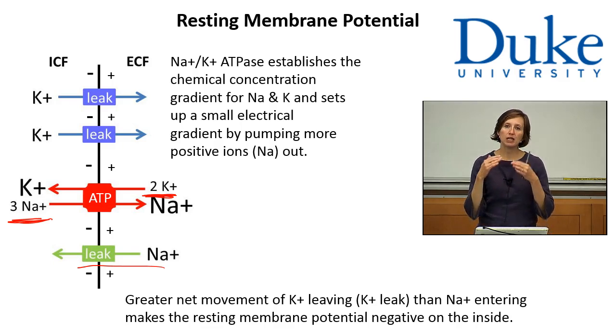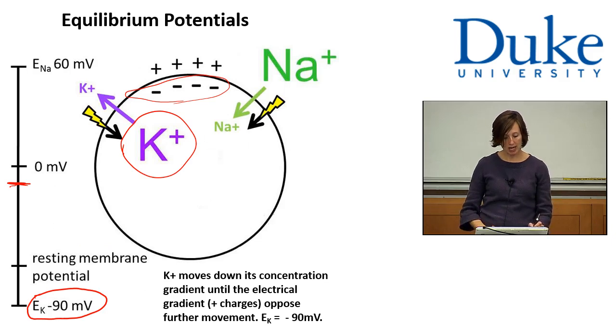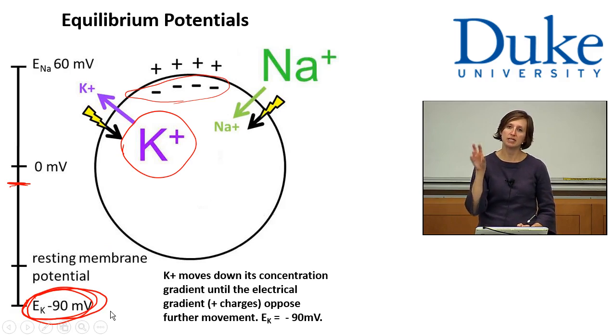And so because we have a greater permeability of the membrane to potassium, because we have more potassium ions leaving through the leak channels than we have sodiums coming in through the sodium leak channels, then that means our membrane potential at rest is much closer to the equilibrium potential of potassium.